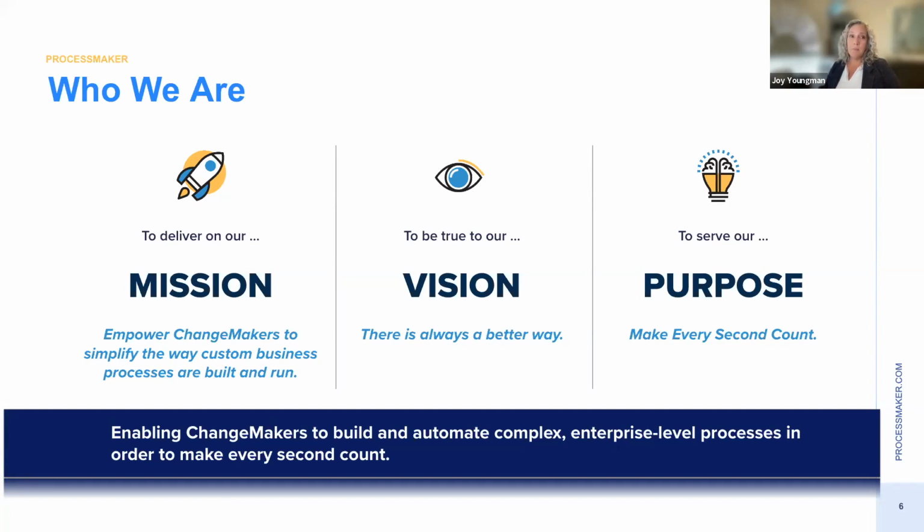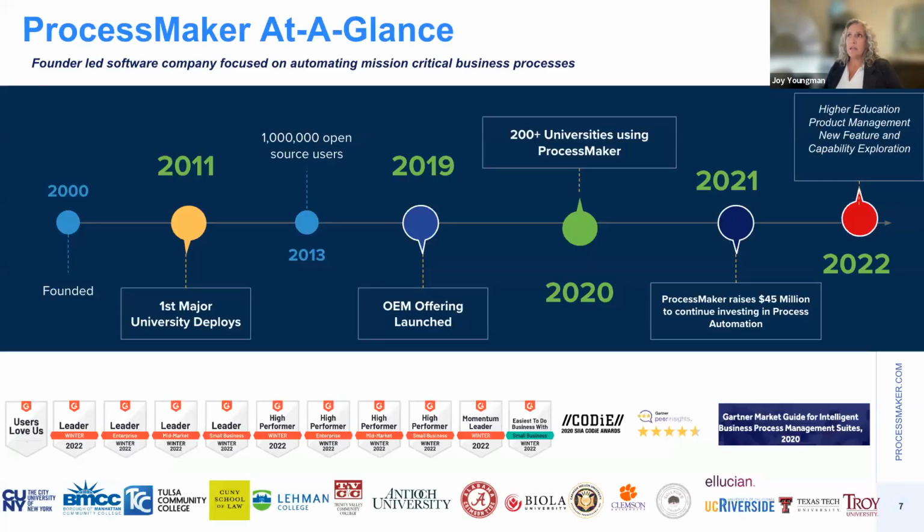And I do think that that's important in higher ed. Our students have an expectation, our faculty have an expectation of the best use of our time as possible. So we like to enable our change makers to build and automate complex enterprise-level processes in order to make every second count.